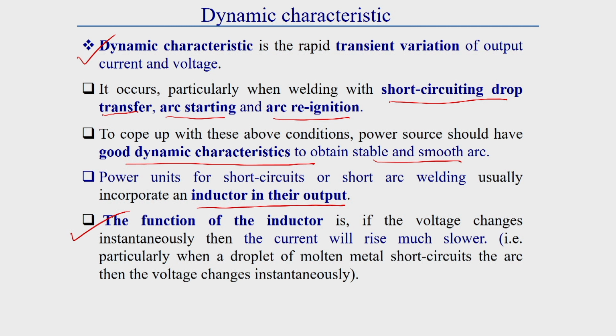With high electromagnetic forces the arc will not be stable, so there is a chance of spattering of the arc, and spattering of the molten pool as well. To avoid that spattering and to stabilize the arc, an inductor is incorporated.